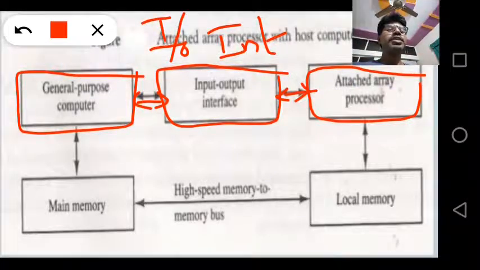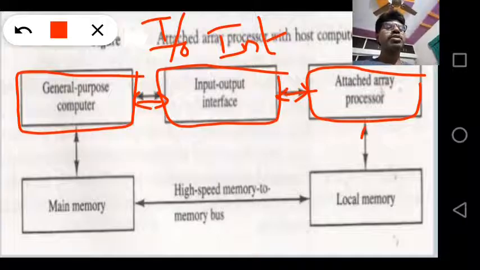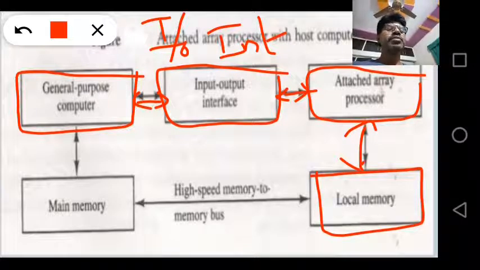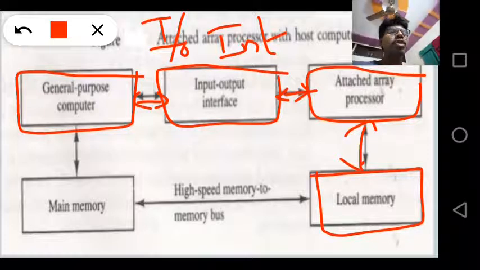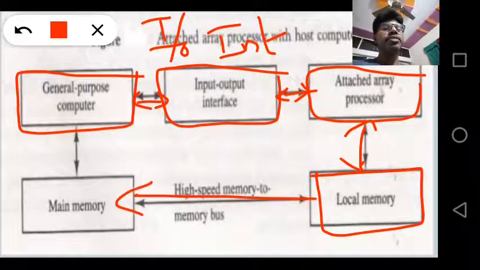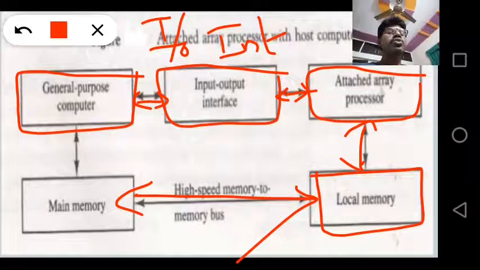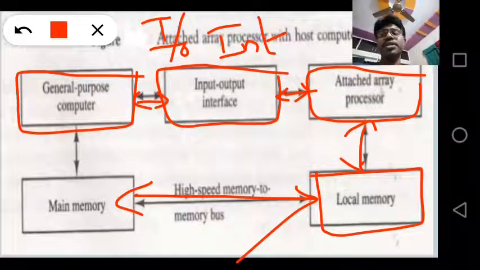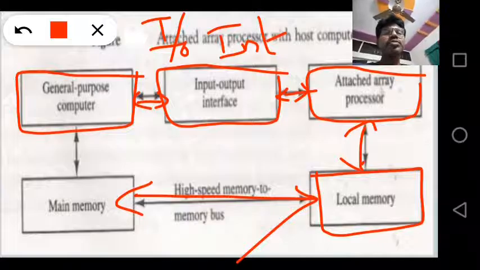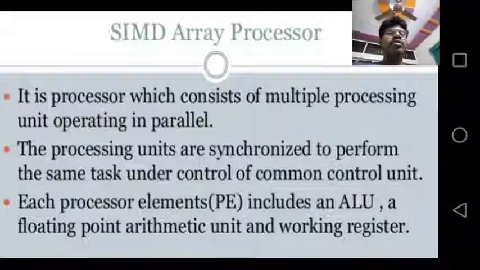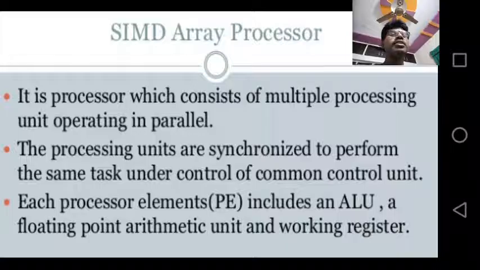But the specialty is that this attached array processor has its own local memory, and this local memory interacts with the main memory by using the high speed memory to memory bus. This is called the attached processor.